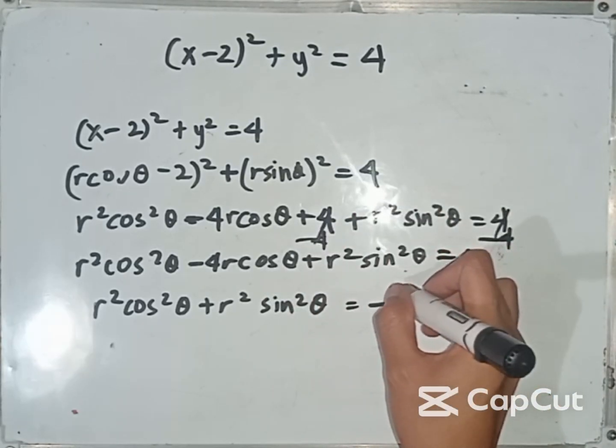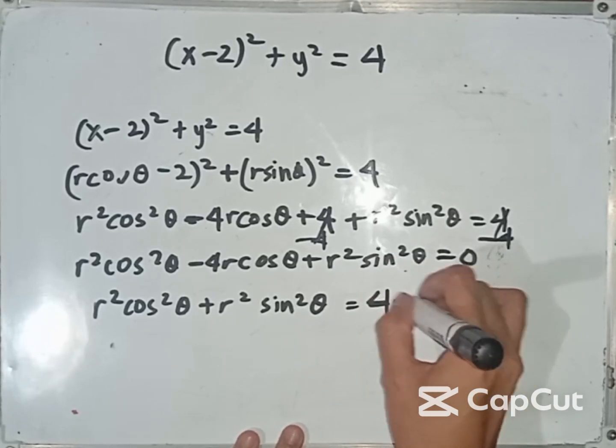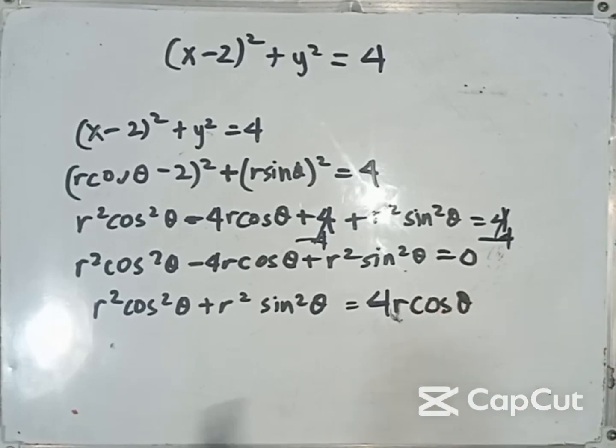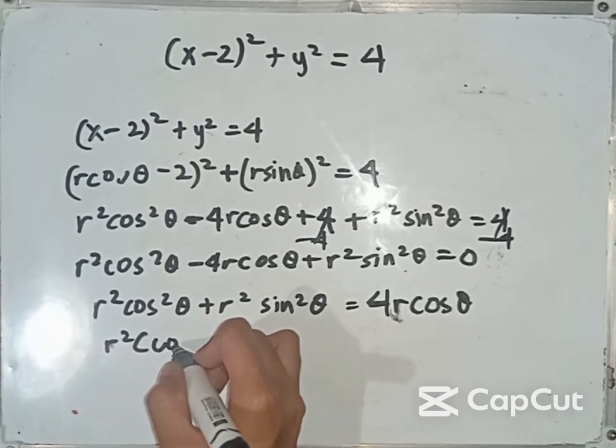So this would give us r squared cosine squared theta plus r squared sine squared theta is equal to 4r cosine theta.